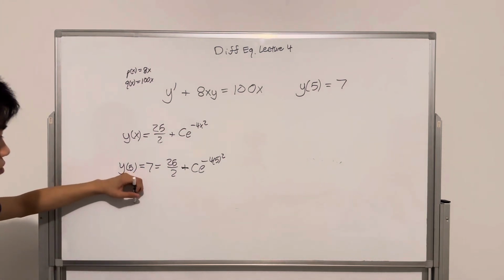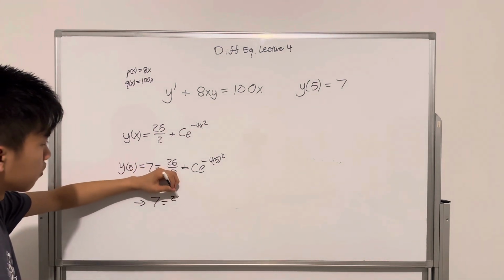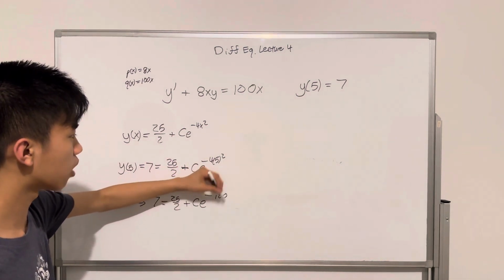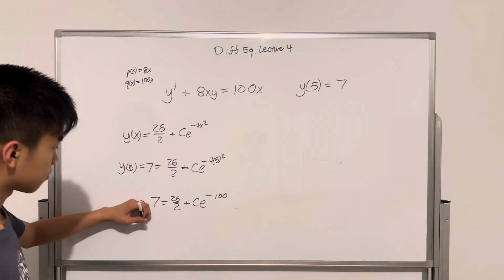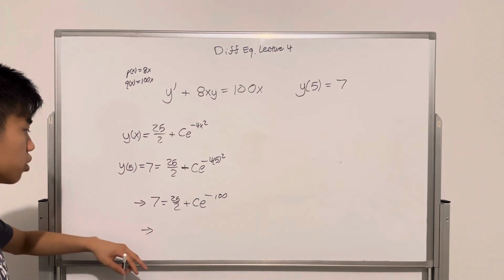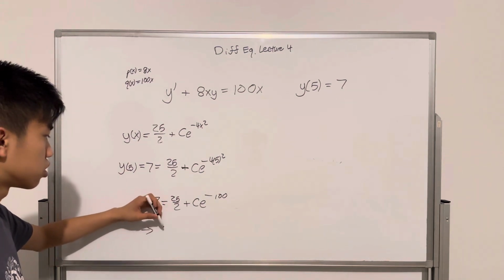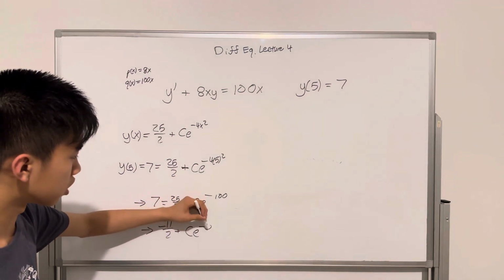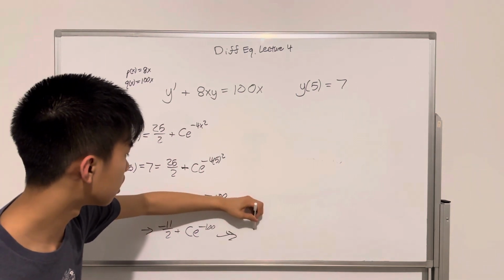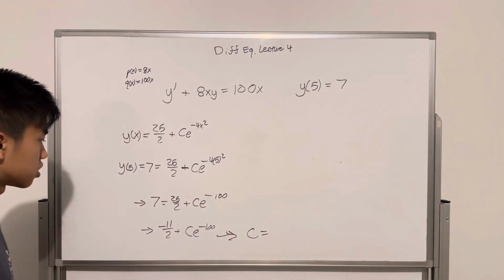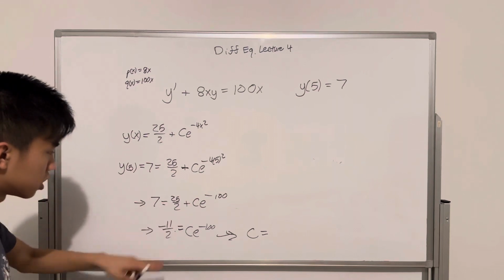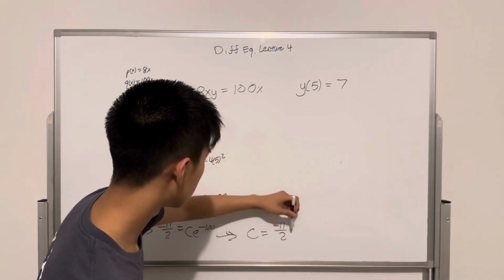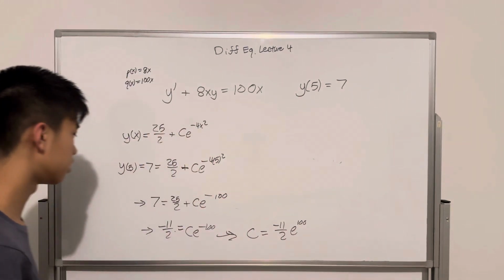Okay, so 7 equals 25 over 2 plus c e to the negative 100 power. So we could subtract 25 over 2 from both sides. So 14 over 2 minus 25 over 2, that's negative 11 over 2, equals c e to the negative 100. So then c becomes negative 11 over 2 times e to the 100th power.